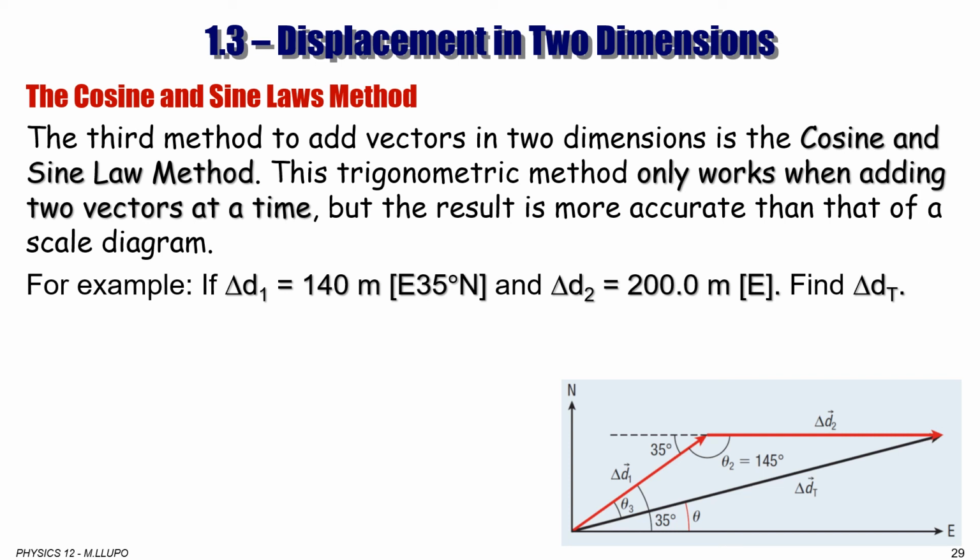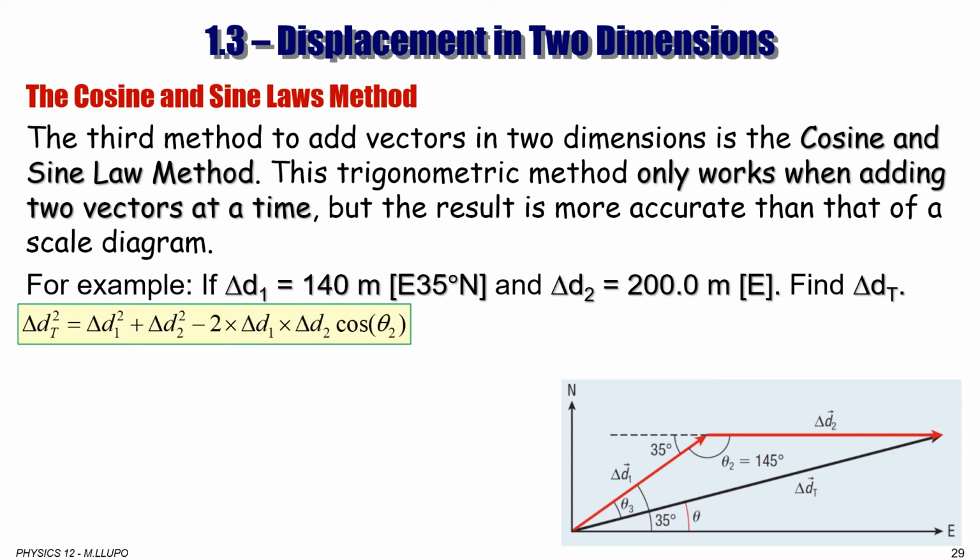For example, if delta D1 is equal to 140 meters east, 35 north, and delta D2 is 200 meters east, how can you get delta D total using the cosine and sine law? Using the cosine law first, we can calculate delta D total, which is: delta D total squared is equal to delta D1 squared plus delta D2 squared minus 2 delta D1 delta D2 cosine theta 2.